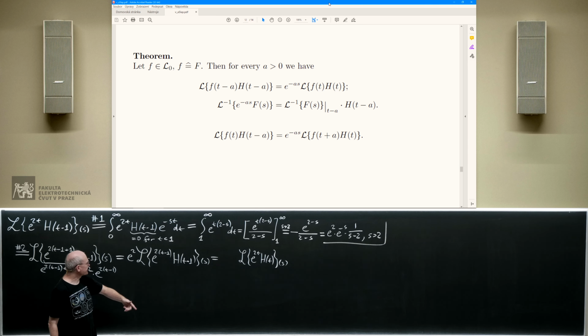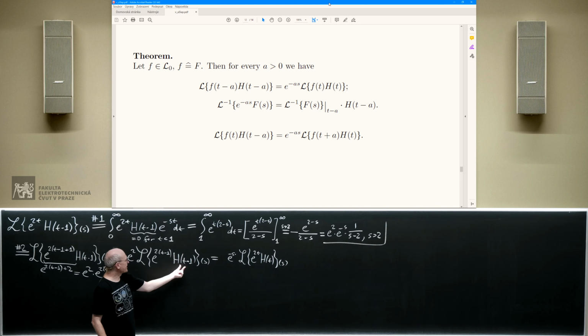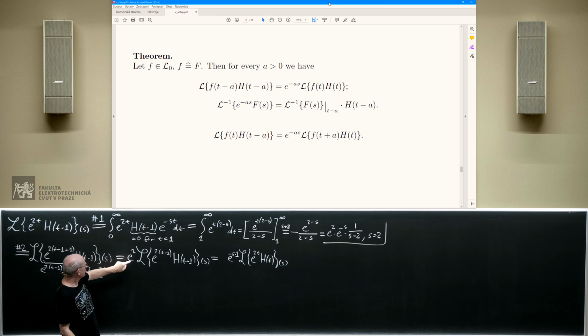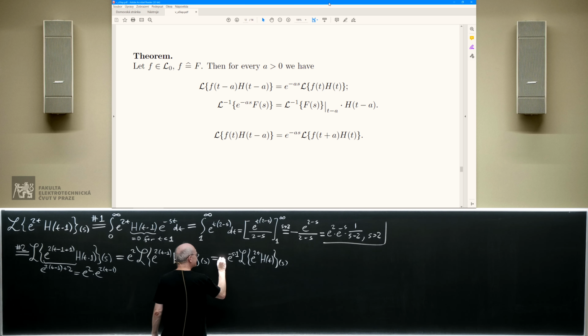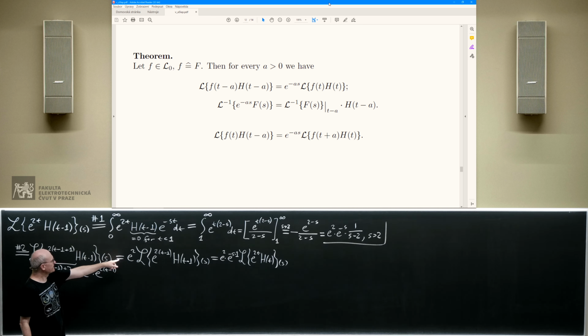However, I pay for it by putting e to the negative s times the shift, which is 1. And I shouldn't forget e squared. It was sitting up here in front of the expression. So far, so good.